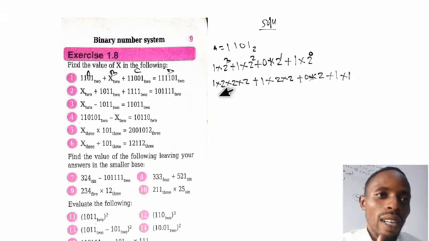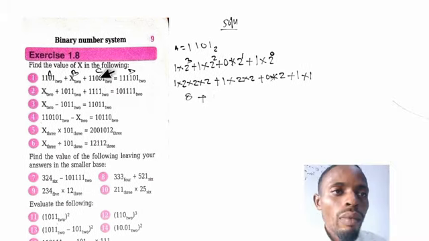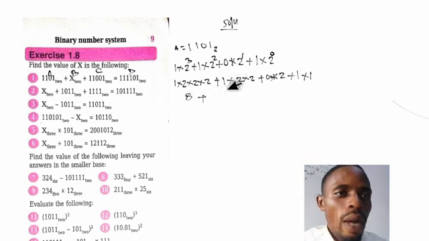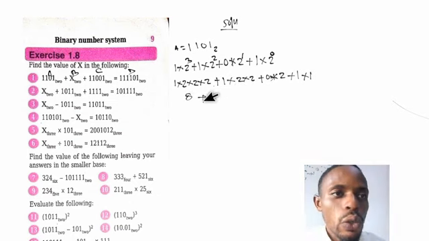So let's do the simple mathematics here. 1 times 2 gives us 2, times 2 we have 4, times 2 that gives us 8. So here we have 8, plus. The next one we have 1 times 2, that is 2, times 2 we have 4. So here we have 4, plus.